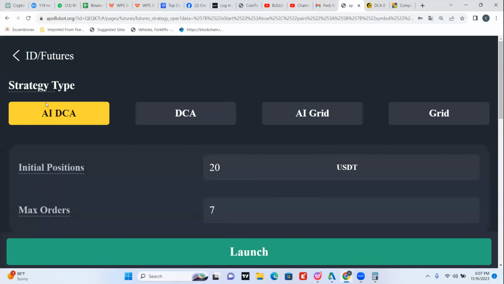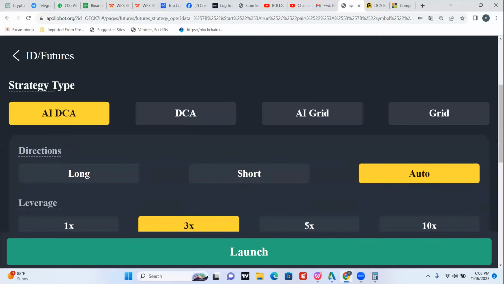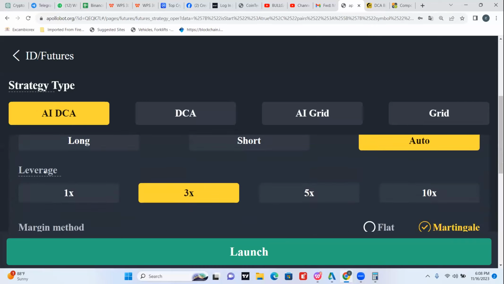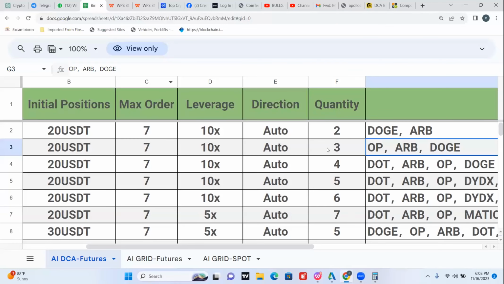So you can see by default, it should be AI DCA, right? Initial position should be 20. Maximum order should be 12, should be 7. Then now the direction is auto. Okay, it's auto. Then the leverage according to the spreadsheet is 10.